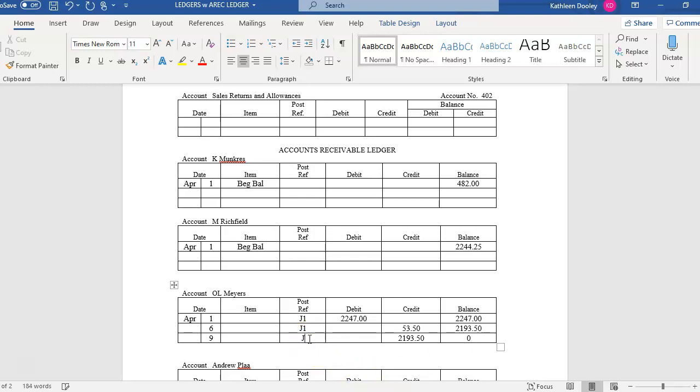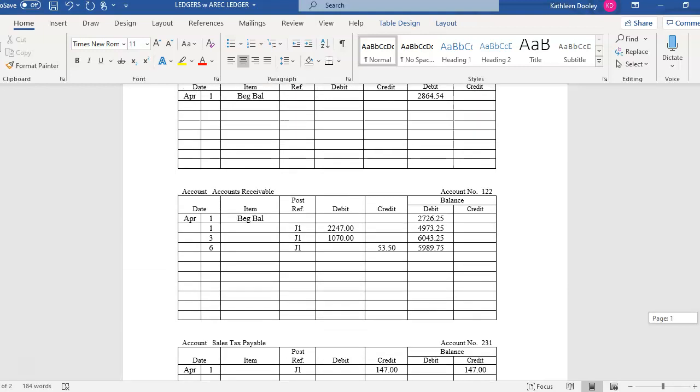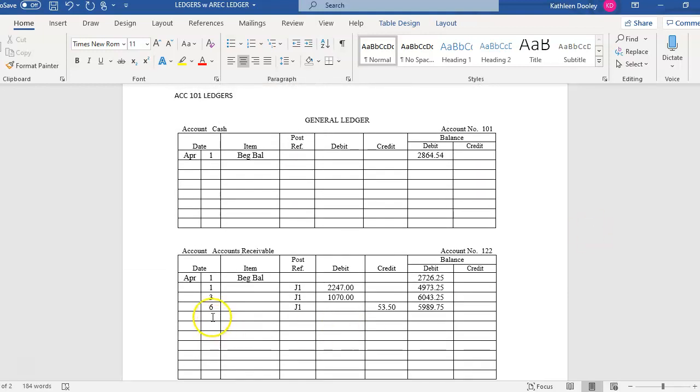Okay? Here, where did this come from? J1. Okay, got to do the same thing on accounts receivable in the general ledger. Copy the date, 2193.50, copy the amount, and now I have to figure out the new running total balance.